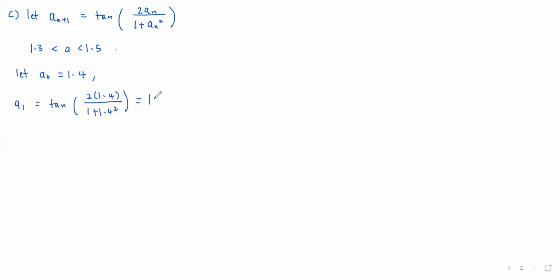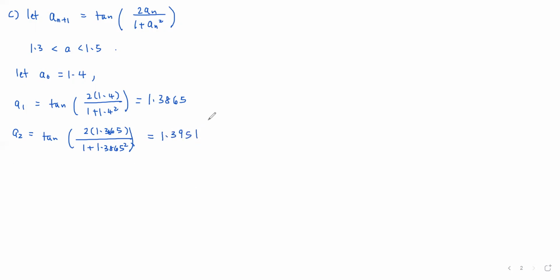That gives us 1.3865. Then we can compute A sub 2 based on A sub 1. We have 1.3865 over 1 plus 1.3865 squared, and that has a value of 1.3951.